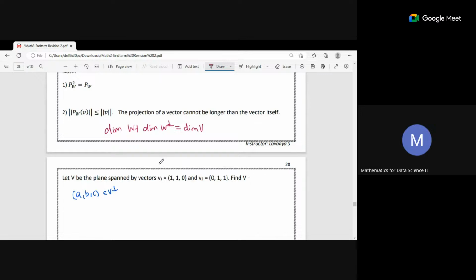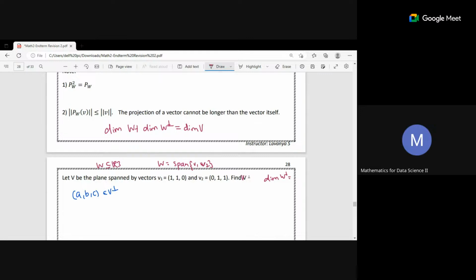Here you have W equal to span of V1, V2. W is a subspace of R3. Let us say this is W perp. What should be the dimension of W perp?